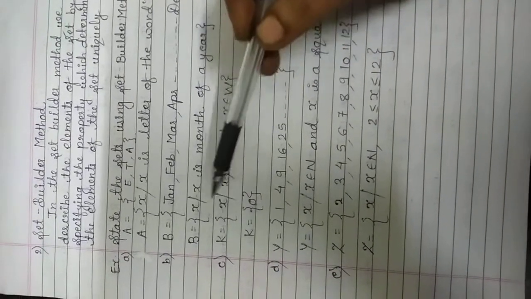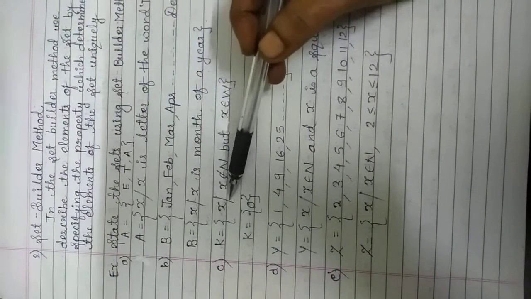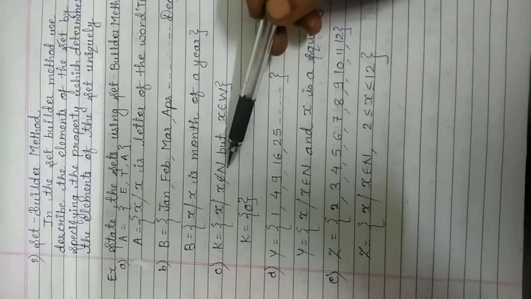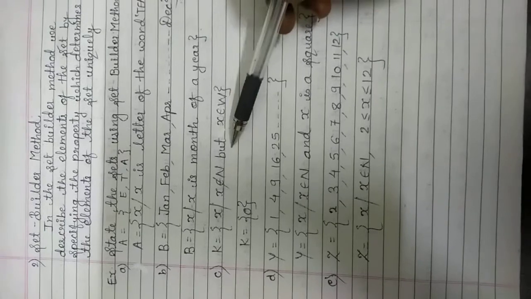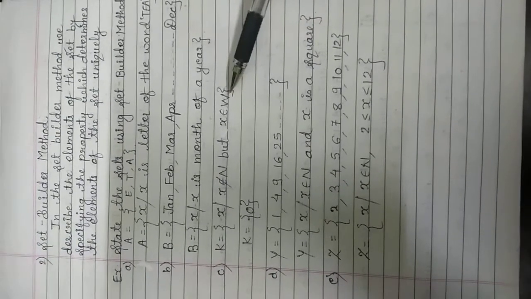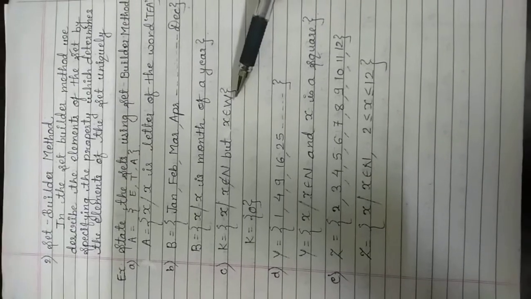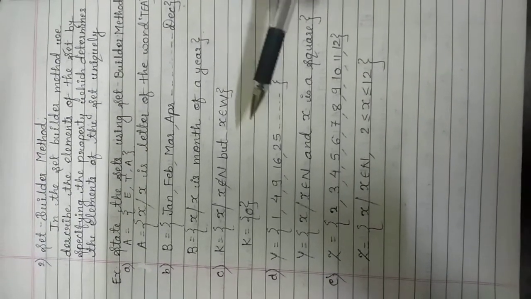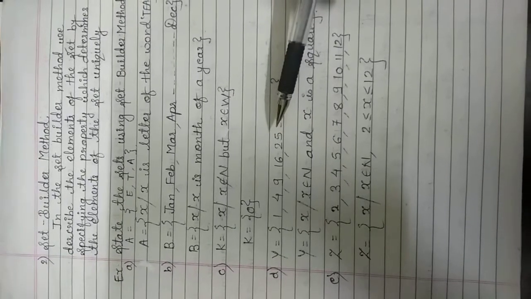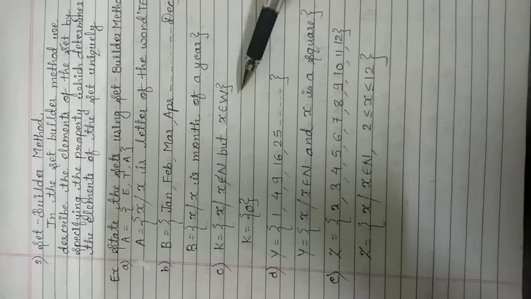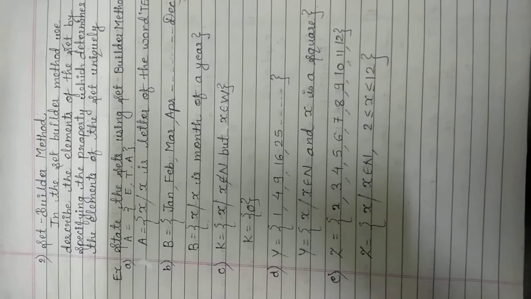Or there is one more method to write the answer. K is equal to set of all x such that x does not belong to natural number but x belongs to whole numbers. Because we already learned the basics of the number system, in which natural numbers are 1, 2, 3, 4, 5 and so on, whereas whole numbers are 0, 1, 2, 3, 4, 5 and so on.